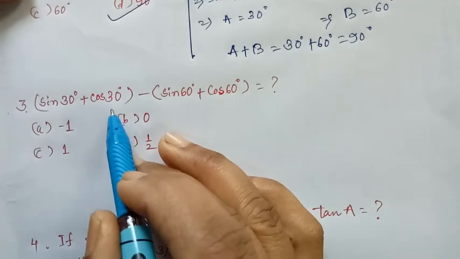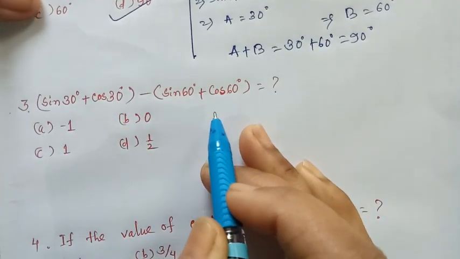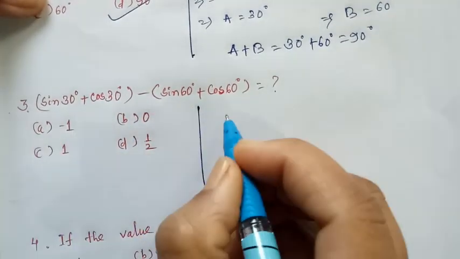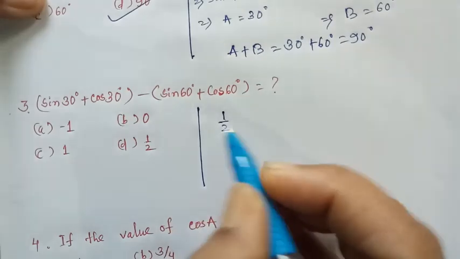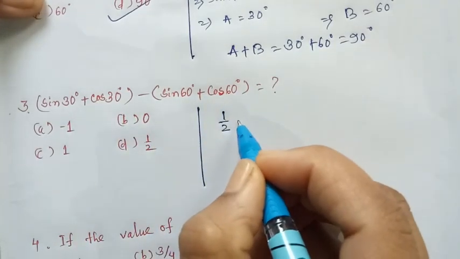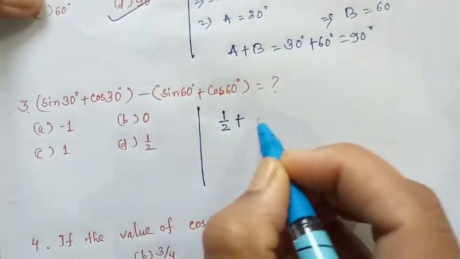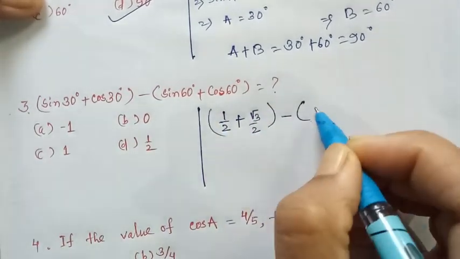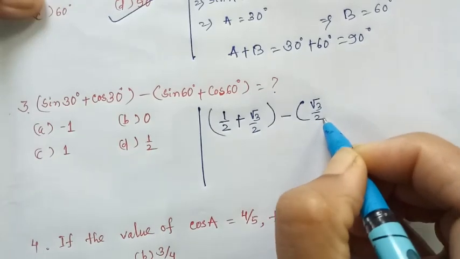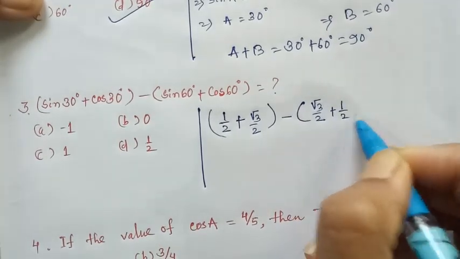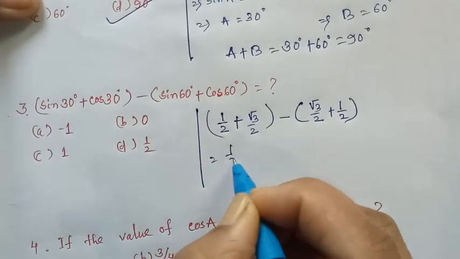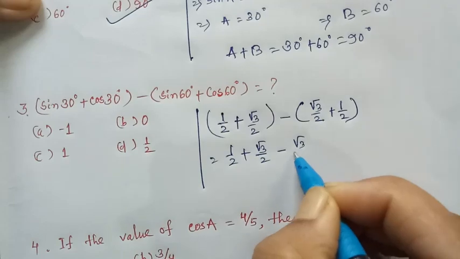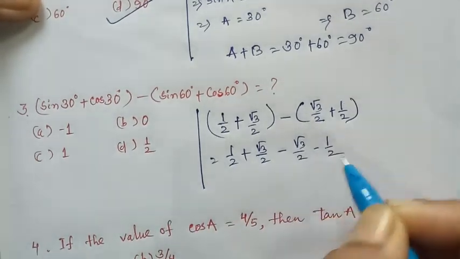Next, sin of 30 degree plus cos of 30 minus sin of 60 plus cos of 60 is how much? It's very easy, simple. Sin of 30 is 1 upon 2, plus cos of 30, that is root 3 upon 2, minus sin of 60, that is root 3 upon 2, plus cos of 60 is 1 upon 2.